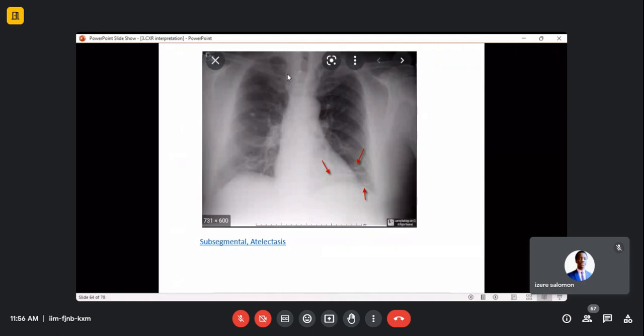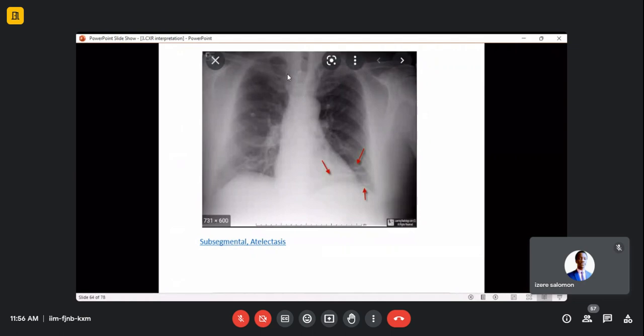If I analyze, the upper and middle zones are good, okay, symmetrical. I don't see any opacity. Those are the vessels. But in the lower zones, I see something. These are linear opacities. These are not vessels. I have never seen vessels oriented this way. These are horizontal linear opacities here. And even on the right side, there are some; these are not vessels.